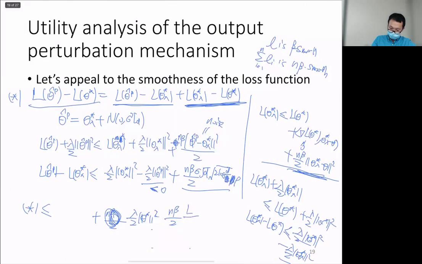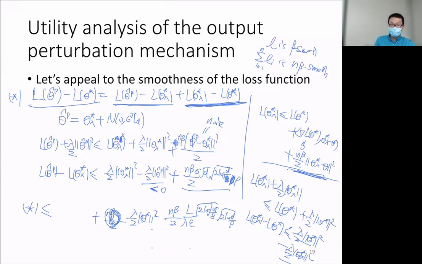L over epsilon and lambda and square root of 2 log 1.25 over delta, and also square root of 2 log d over rho, right? So let's not worry about these log factors.